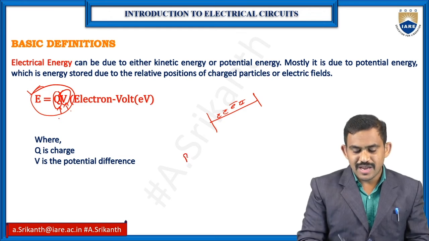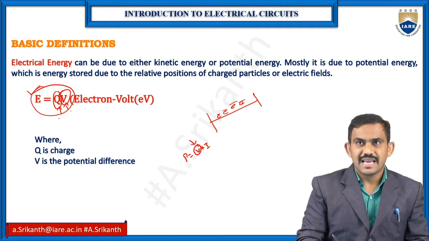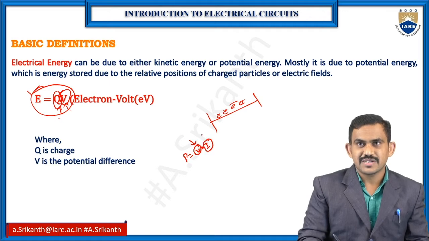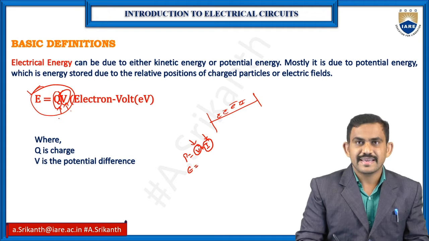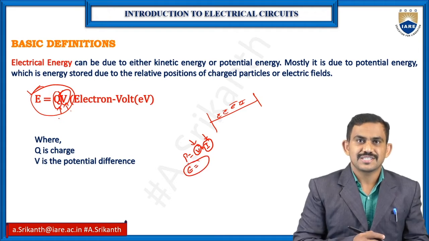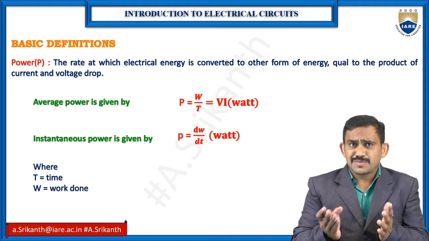Power is nothing but V into I. Am I right? Voltage into current. This voltage is potential difference, and this current is nothing but your charge by time. Coming to power, you can say it is the work done with respect to time.